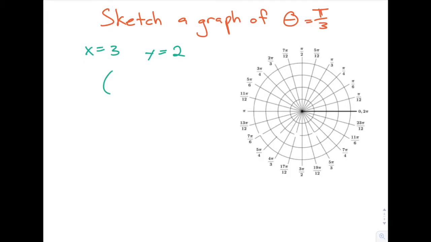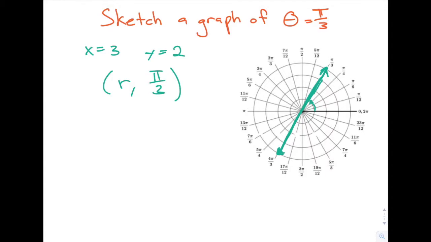Essentially, we're saying that all of the points at pi over 3 satisfy this equation, theta equals pi over 3. Every angle that we're working with is pi over 3. So if we trace out to pi over 3 here, could we give it r equals 1? Sure. 2? Why not? 3? Of course. What about negative 1, 2, and 3? Yeah, no problem. So what this looks like is a line.